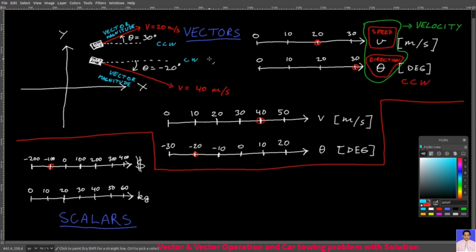And by convention, it is measured from the line that is in the same direction as the positive x-axis. And so from this line, if you go like this, then your angle is positive or counterclockwise, and if you go in this direction, then your angle is negative or clockwise. And then this point in the vector and this point in this vector are called vector tails.